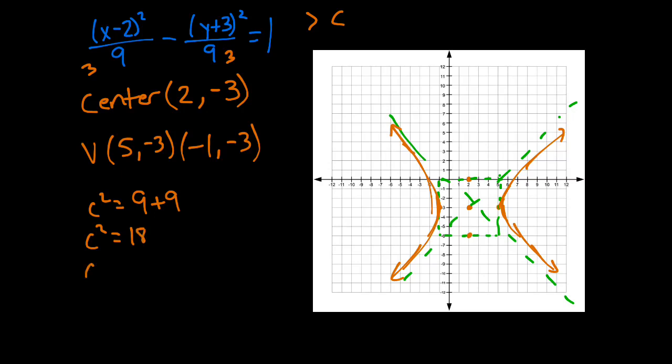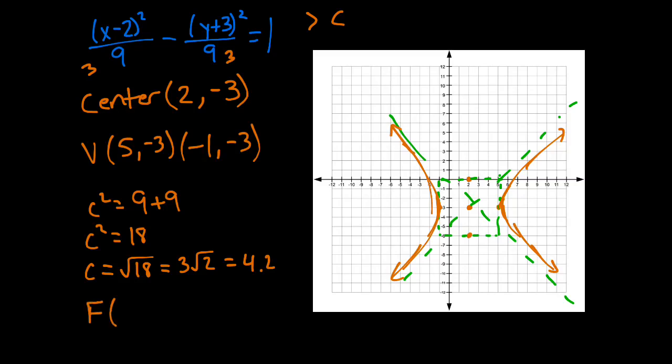The square root of 18 is 9 times 2, so 3 square root of 2, or approximately 4.2. So from our center we need to go left and right 4.2.